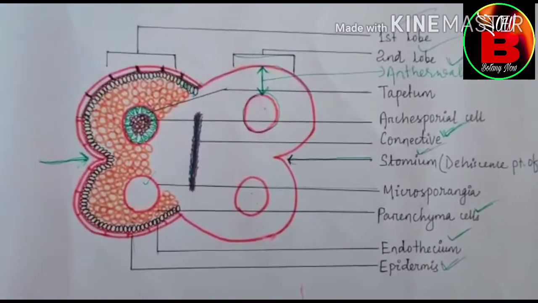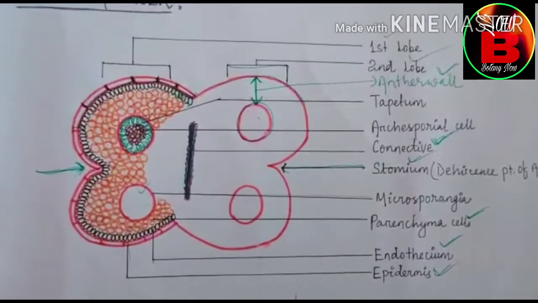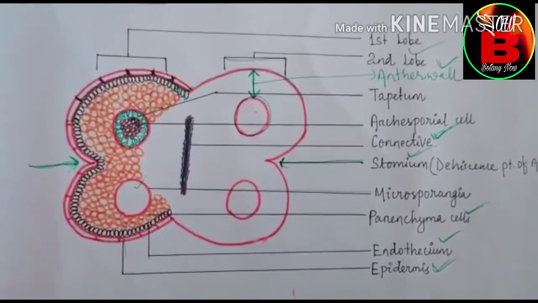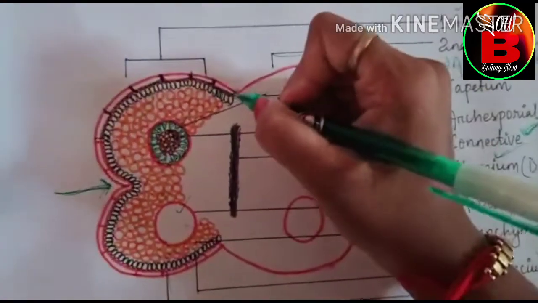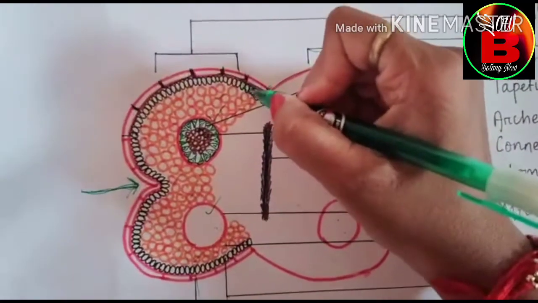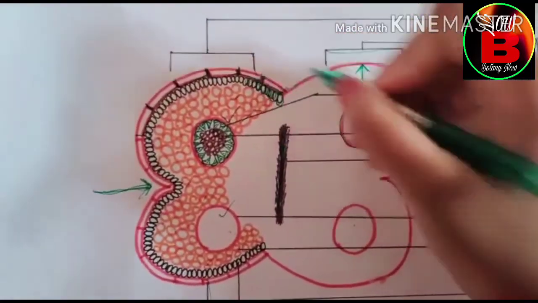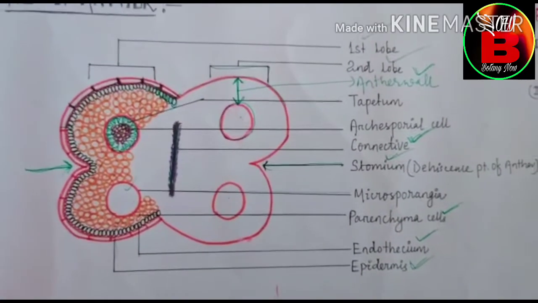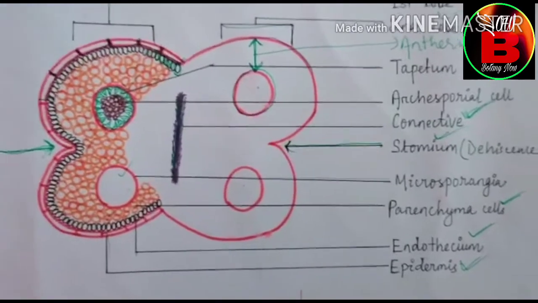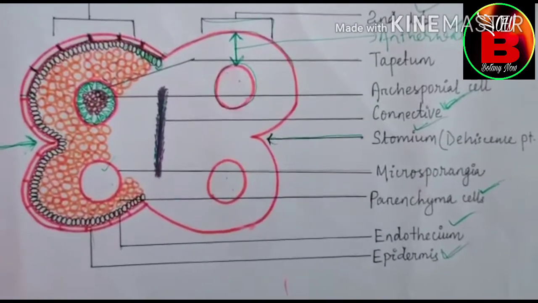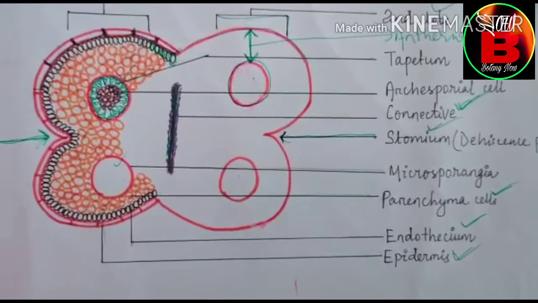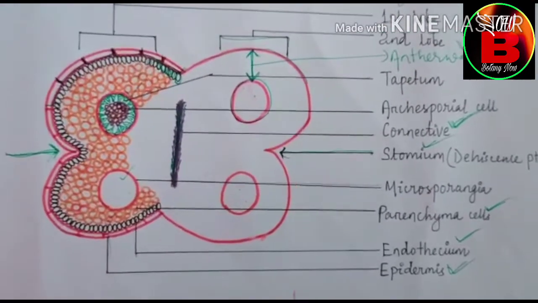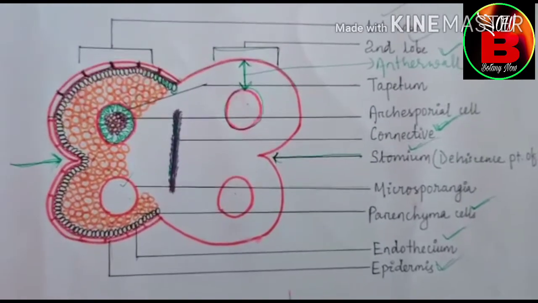Next to epidermis, there is a single layer of cells which are radially arranged. These cells are called the endothecium, and these endothecial cells are arranged in a radiating manner, and its function is that it helps in the dehiscence of the anther.